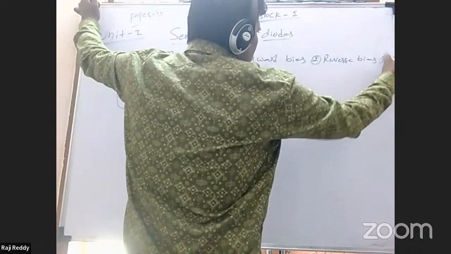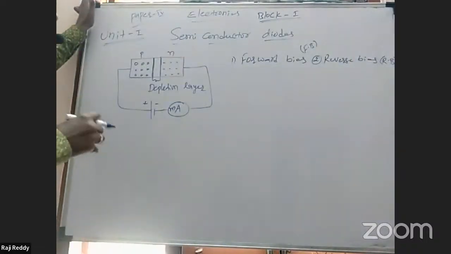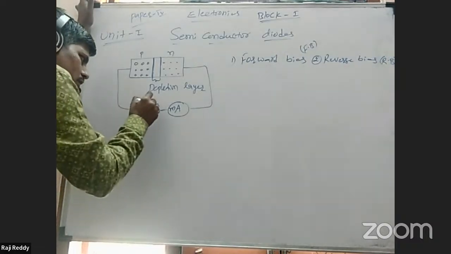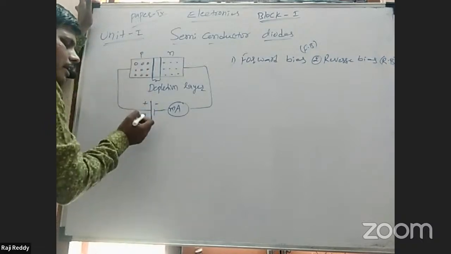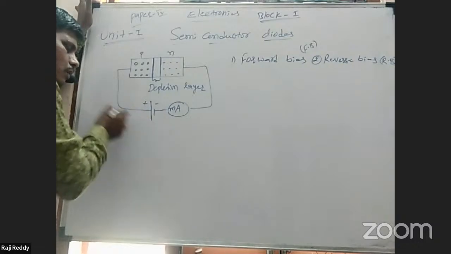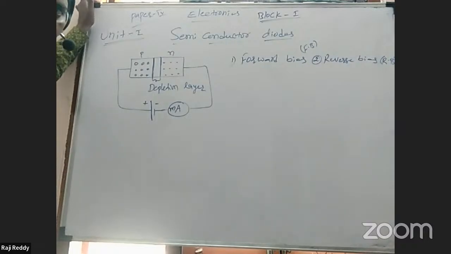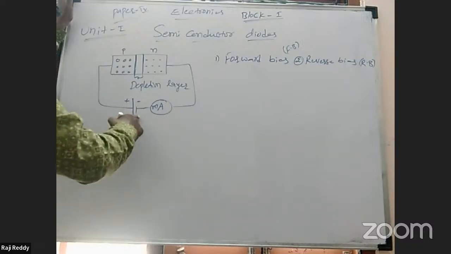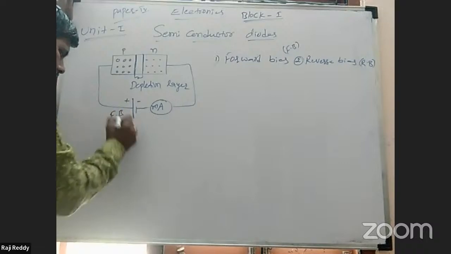RB, reverse bias. FB, forward bias. What is the meaning of forward bias? What is the meaning of reverse bias? In the simplest way, when the battery positive terminal is connected to the P region, positive to positive, and negative to negative, that is forward bias. When the battery negative terminal is connected to the P region, it is reverse bias.